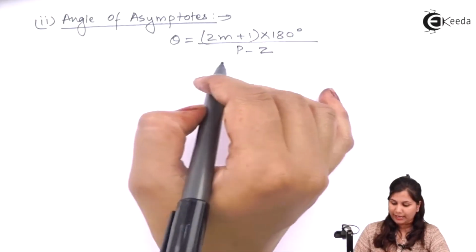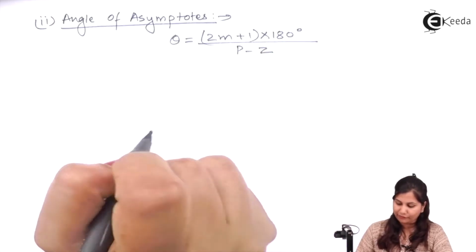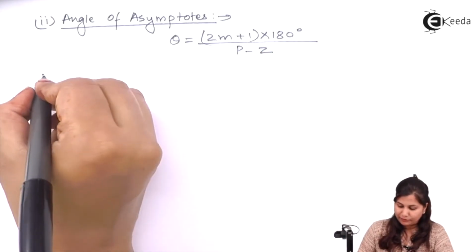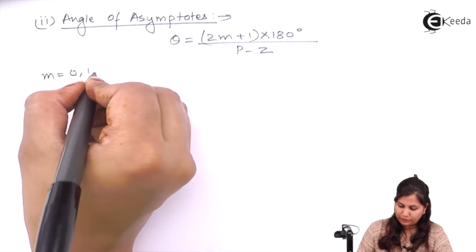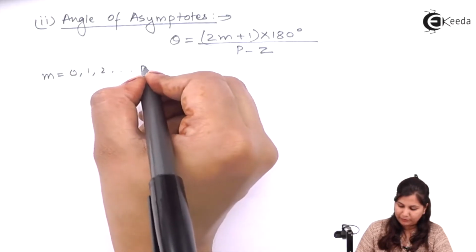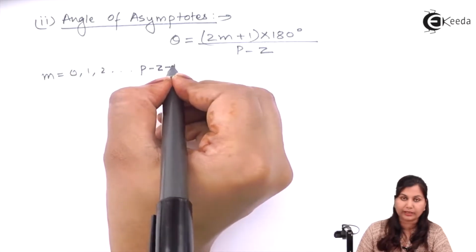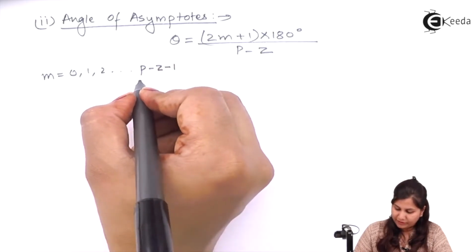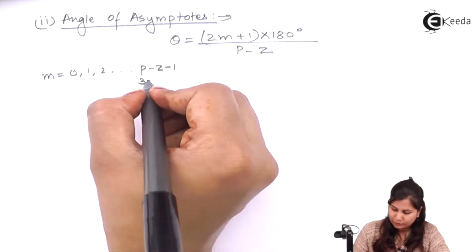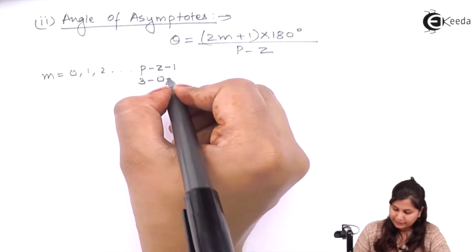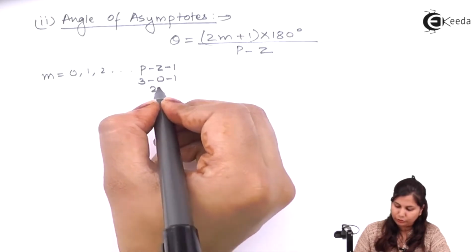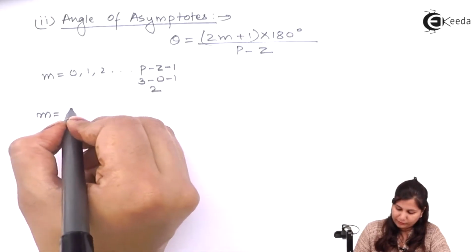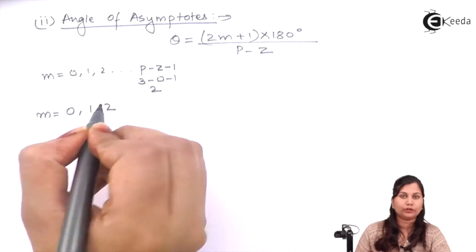So it is the formula for the angle of asymptotes. Here m will be 0, 1, 2, till p minus z minus 1. We have 3 poles and 0 zeros, and then minus 1, so 3 minus 1, 2. So the value of m will be 0, 1 and 2.